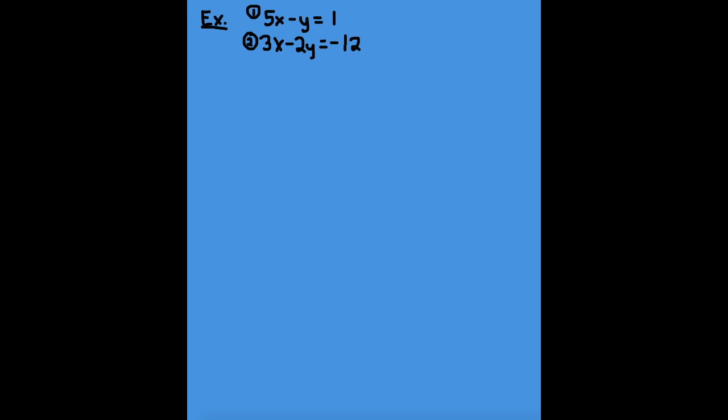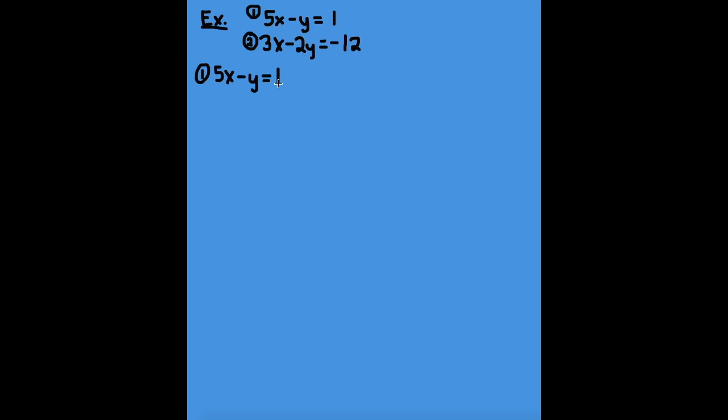The first step is to isolate one of the variables. So let's look at equation 1 and let's isolate the y variable. So equation 1 is 5x minus y equals 1. We are going to isolate the y variable, meaning that we're keeping y on one side of the equal sign and everything else on the other side of the equal sign.